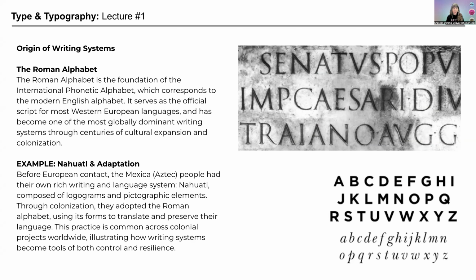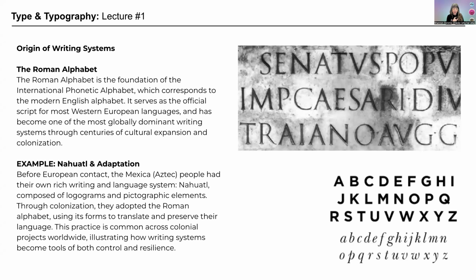So here's a good example. The Nahuatl language and adaptation. Before European contact, the Mexica or Aztec people had their own rich writing and language system, Nahuatl. It was composed of logograms, pictographic elements, ideograms, but through colonization, the Nahuatl-speaking people adopted the Roman alphabet and used its forms to translate and preserve their language.